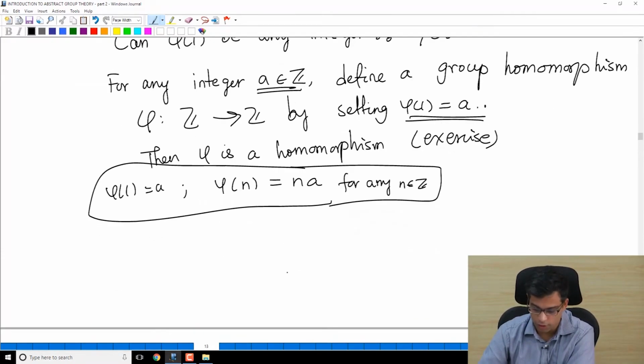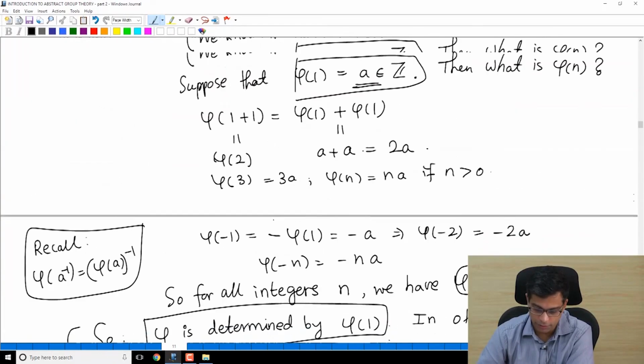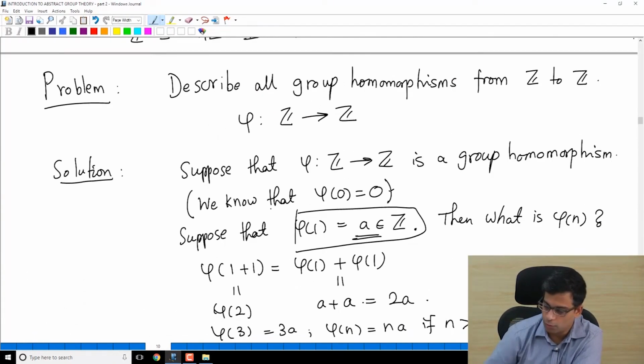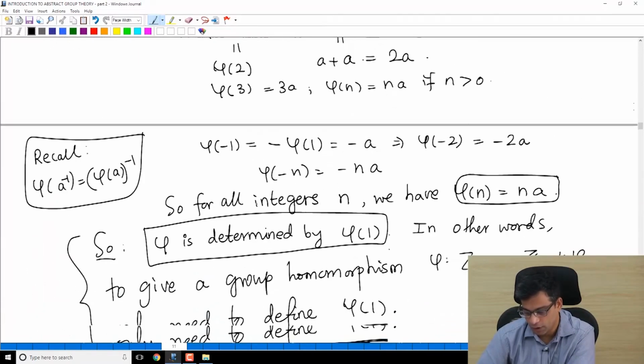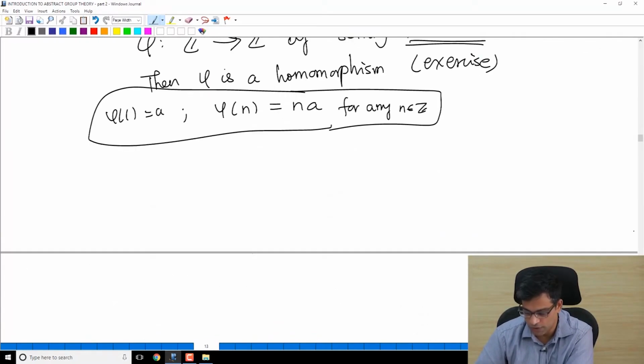So to answer the original question, remember what was the original question? Describe all group homomorphisms from Z to Z, and we have done that. So what are the group homomorphisms from Z to Z?